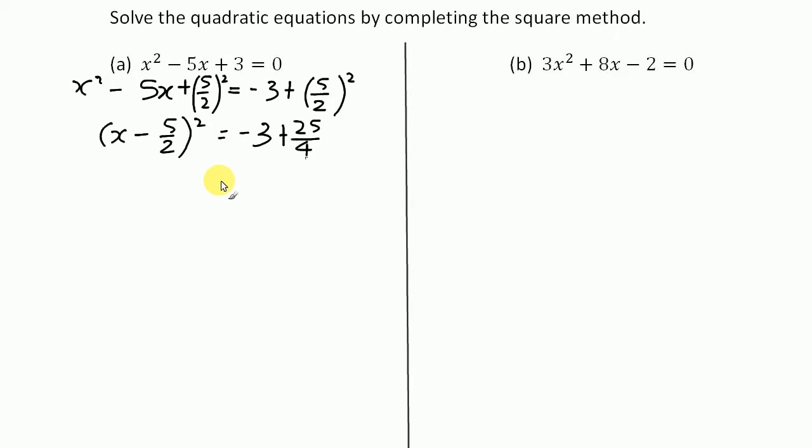In other words, we should get 3 1/4. We write this down as it is. This 3 1/4 is the same as 13 over 4.